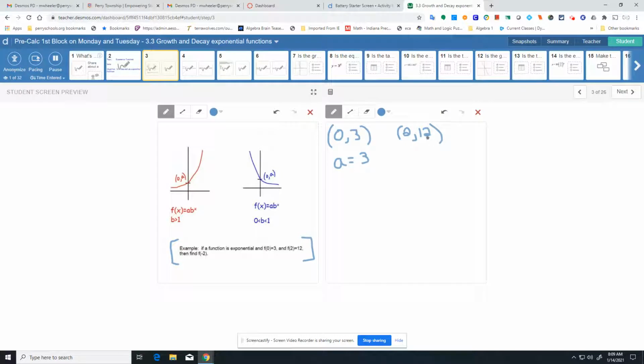I'm going to go over to my other ordered pair and plug in what I know. Well, instead of using function notation, I am going to use y. So a b to the x, that's our basic equation. They're telling us an x and a y. So it's just going to be a matter of plugging that in. So 12 equals 2 times b to the x.